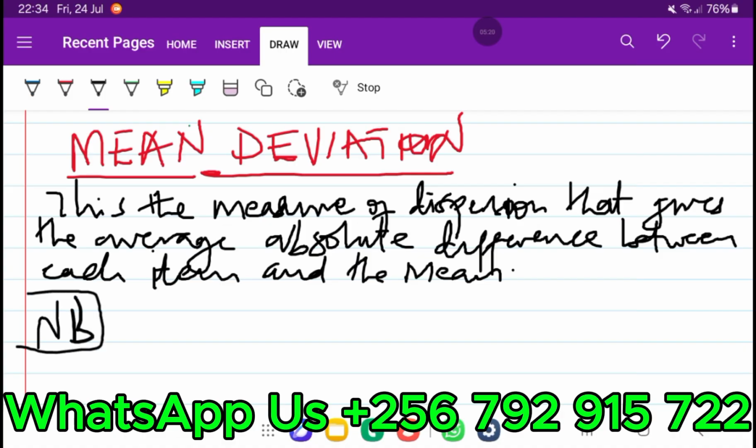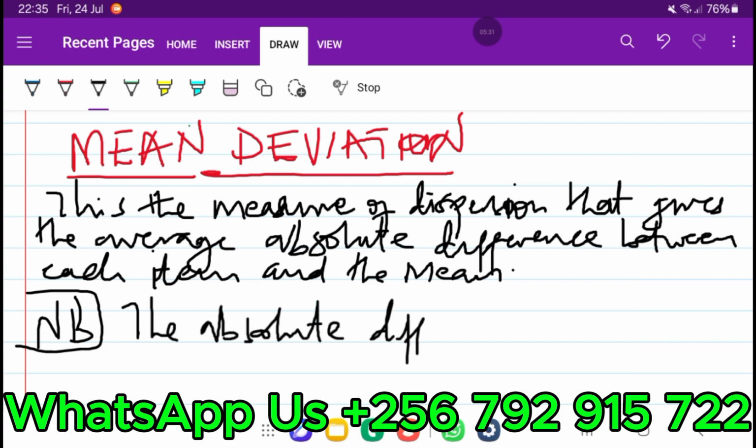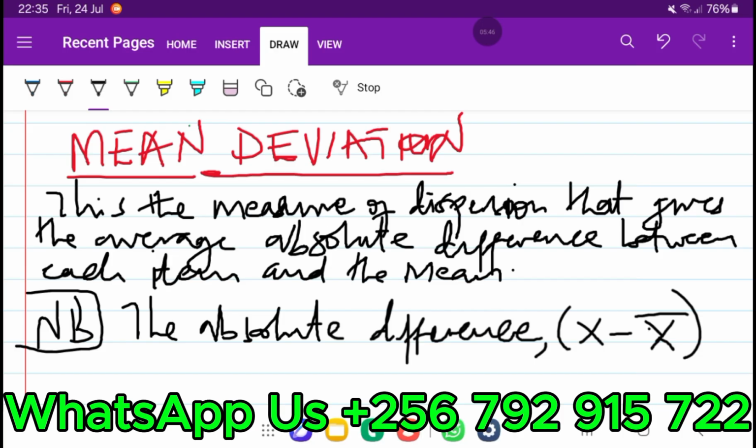But I want us to have this note, NB. This is very important. The absolute difference that we are talking about is of course the x value minus the mean. The mean is x bar. Remember the absolute value is not written with brackets, it always uses those parallel lines.